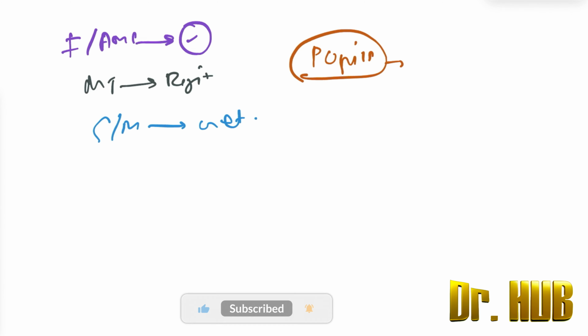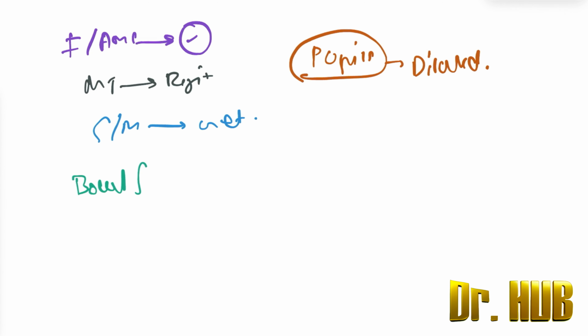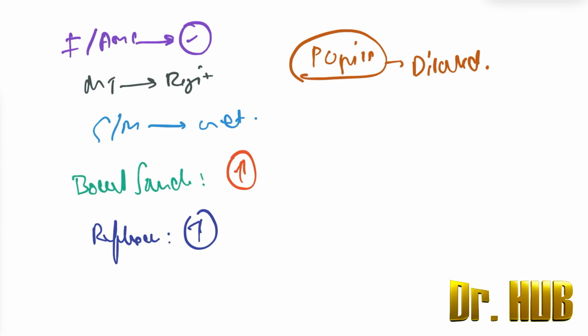The pupils were normal in neuroleptic malignant syndrome. Here they are dilated. The bowel sounds are increased. The reflexes in serotonin syndrome are increased.